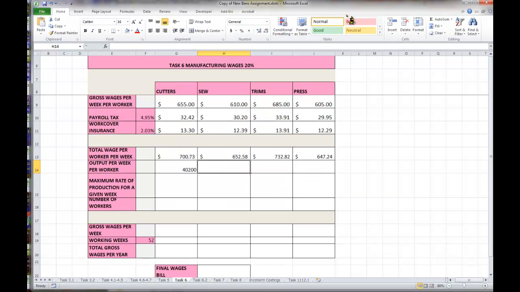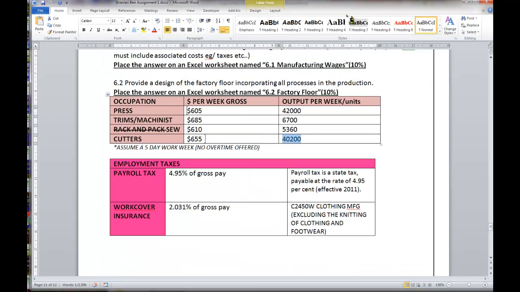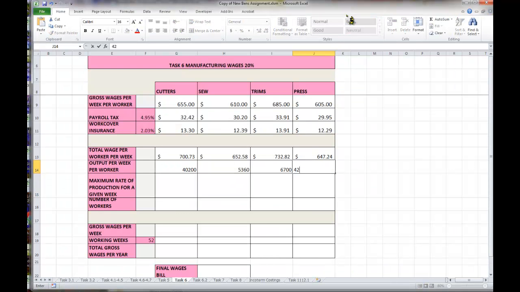A sewer 5360, trims 6,700, and 42,000 press. Maximum rate of production equals max production, and this is the busiest week in the year, and I can drag that across, it's going to be the same.